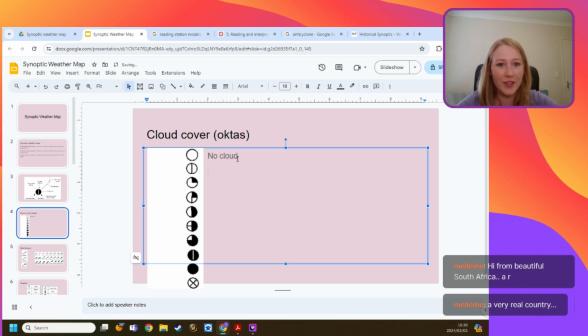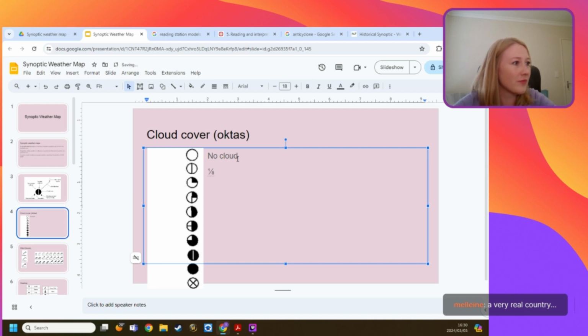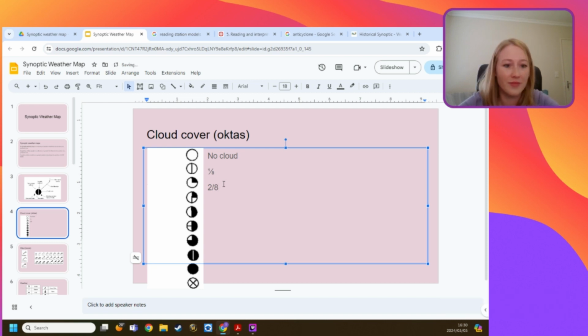Okay, then one line going through is 1 octave. I'm going to say that's like 1/8. Then this little quarter over here is 2 octaves, so 2/8. Hey, why didn't it automatically turn into a fraction like the previous one did? Oh well. Okay.